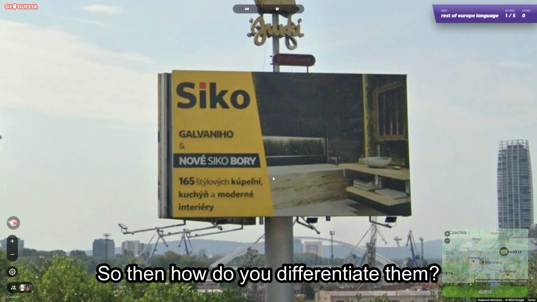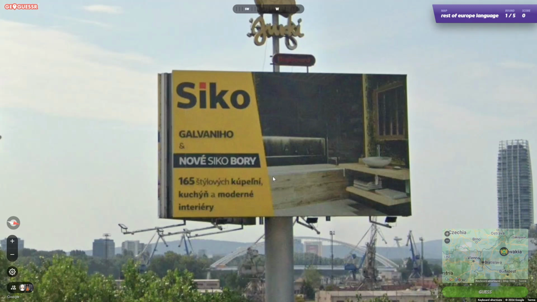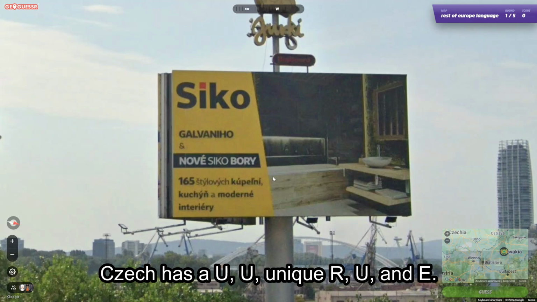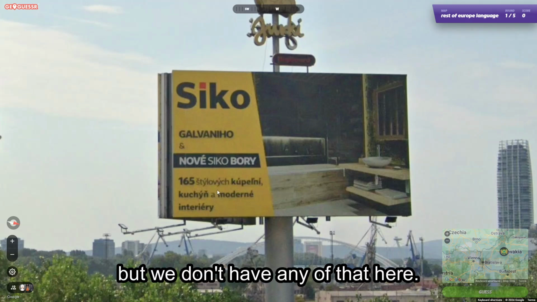So then how do you differentiate them? Because they are pretty much the exact same language. Czech has a unique R, U, and E, and Slovakia has two unique L's and a unique O, A, and R. But we don't have any of that here.